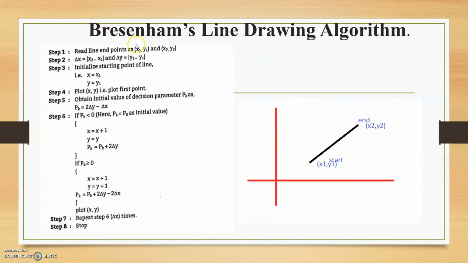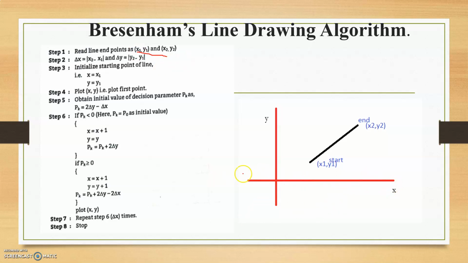We will study Bresenham's line drawing algorithm. In this algorithm, we have to generate a line. Here two points are given, x1, y1 and x2, y2, previously.